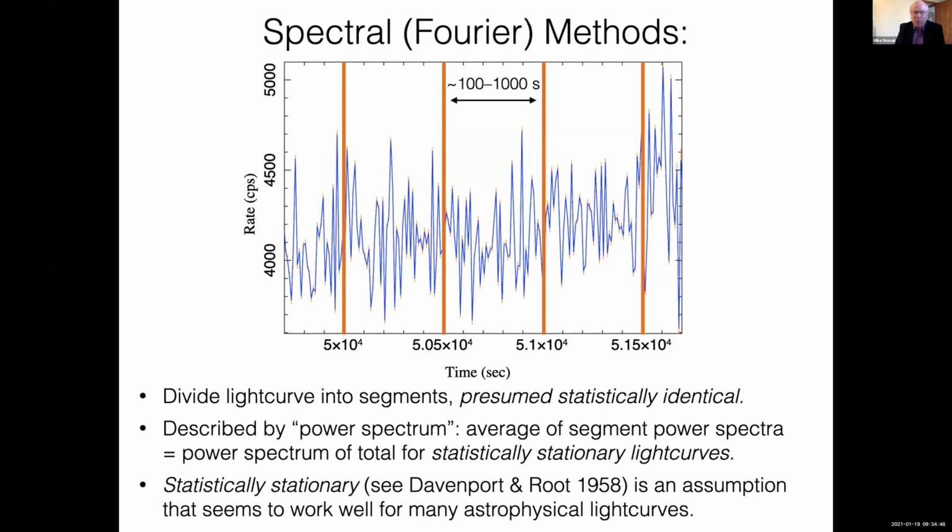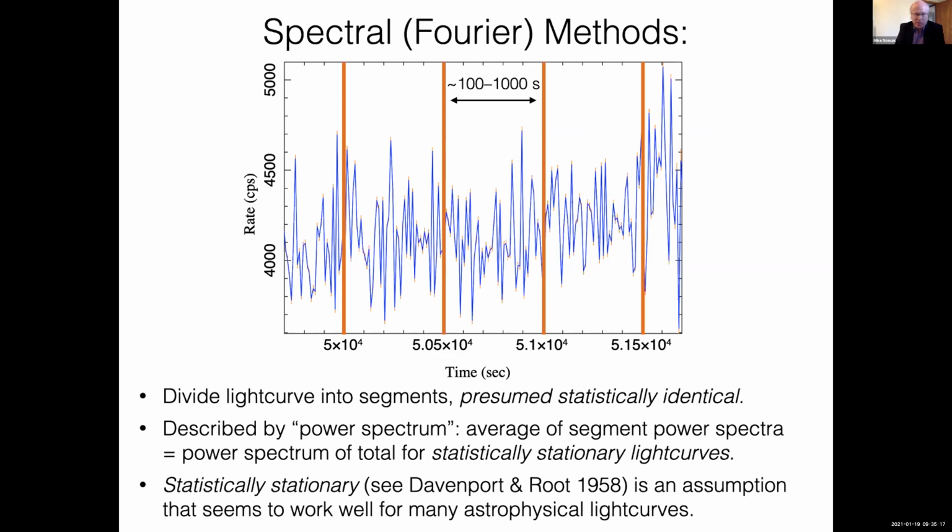Now, the assumption that we're going to make for these light curves is that each of these segments is statistically identical from one segment to another. This is the concept of statistically stationary. It's an actual mathematical concept. There is a book on noise analysis I put in the library, Davenport and Root, which gives a much more rigorous mathematical definition of what we mean by statistically stationary.